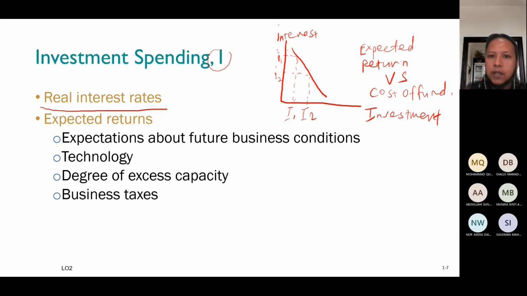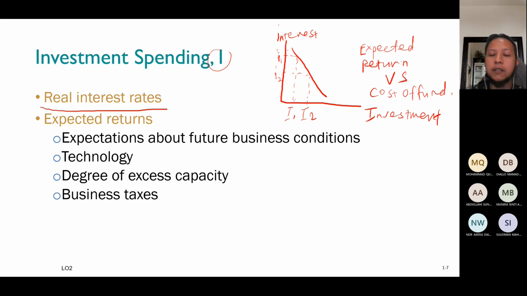and see what interest they can get, right? So if, for example, the interest they get when they leave the money in the bank is 5%, and the expected return, if they spend the money to invest in their business, is less than 5%. Based on our calculation and projection, if we invest in this project, we can only get a return of 3%.